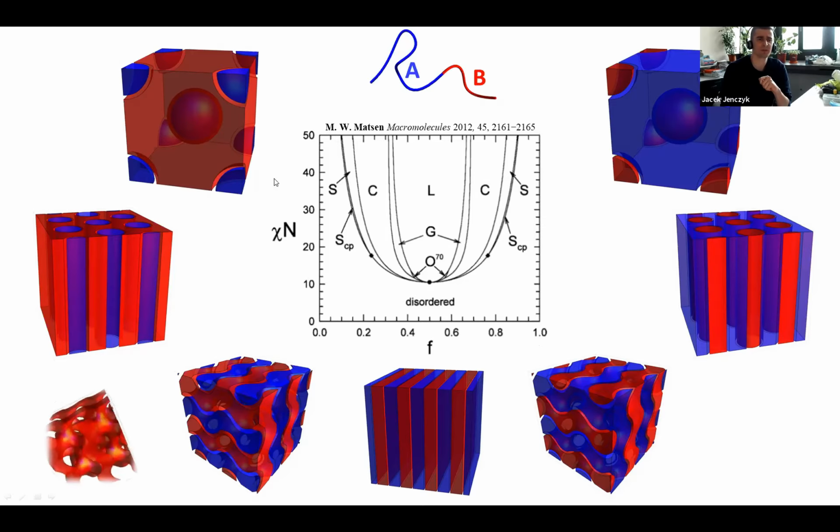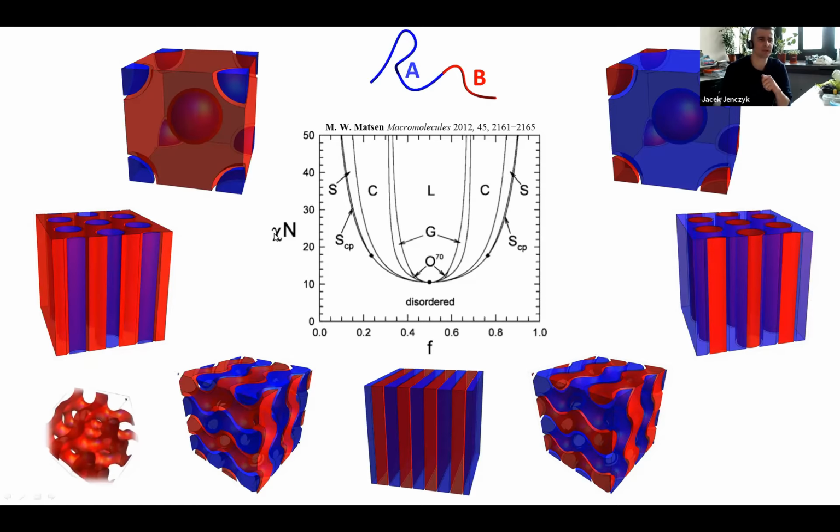As you can see here, on the x-axis you have the volume fraction, so what is the volume fraction of one component with respect to another. While on the y-axis you have this product, which is n times chi.